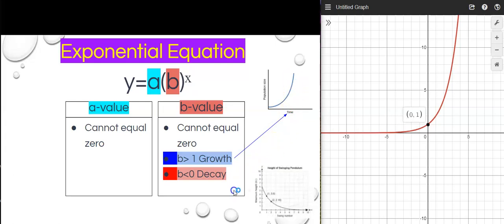And on the other hand, a decay is, as I go further and further to the right, you see that this graph is slowly coming down, and we call that a decay.